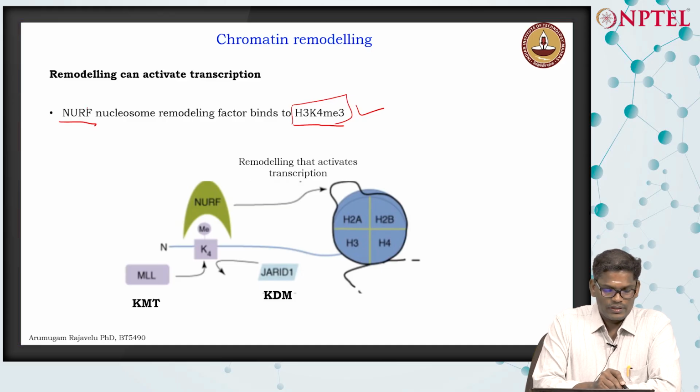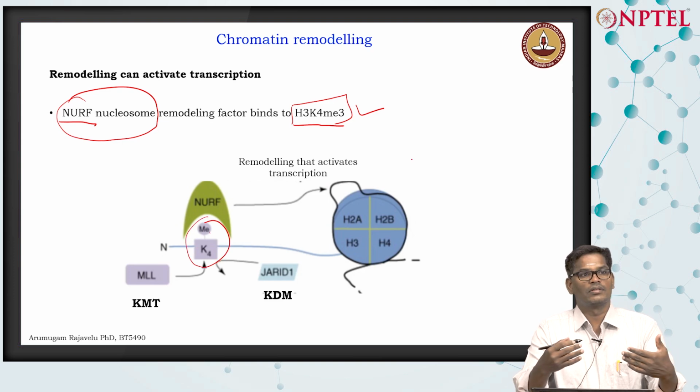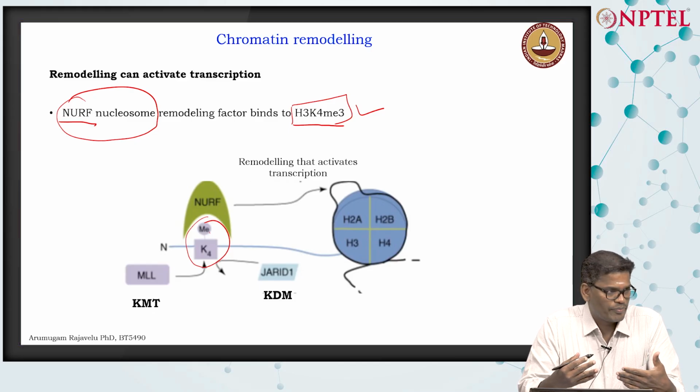This remodeling complex binds to this particular histone, you can see here, and this helps the remodeling or gene transcription. This is how the K4 modification functions as a gene activation mark.